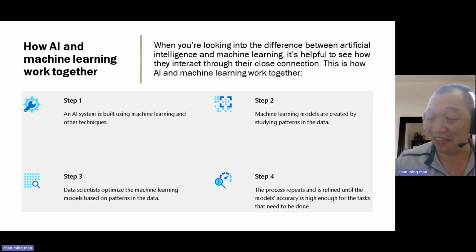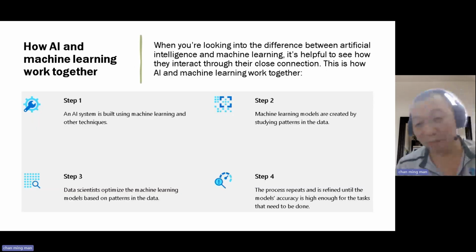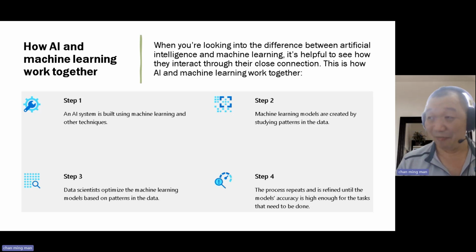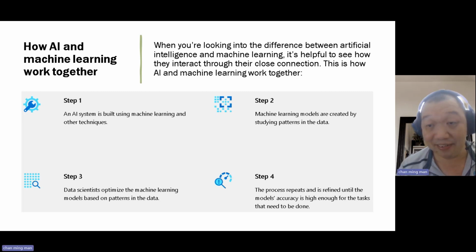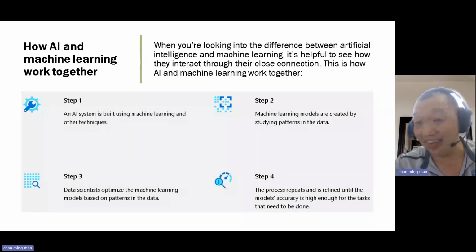You can find this on the Microsoft website, I believe. It's a major, very important step. This fourth step is just to complete training the model. That's what I'm telling you. The first step is that the AI system is built using machine learning and other techniques.